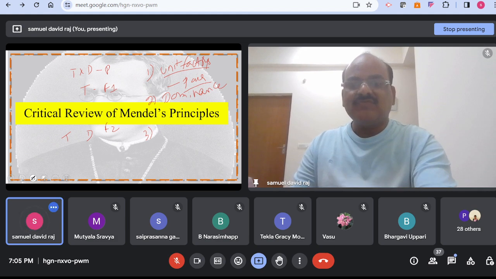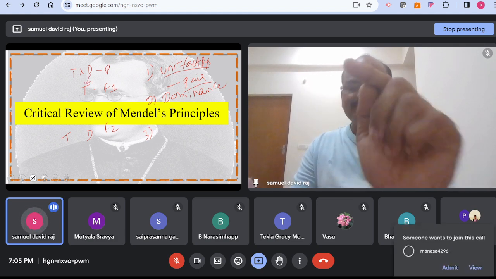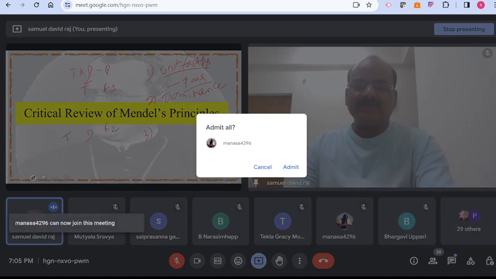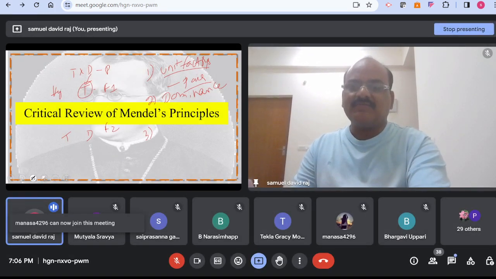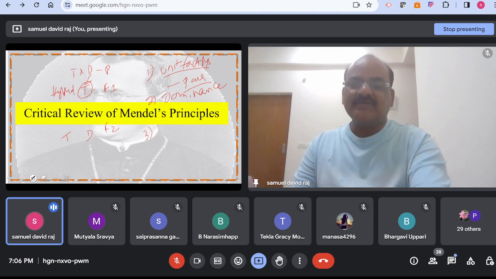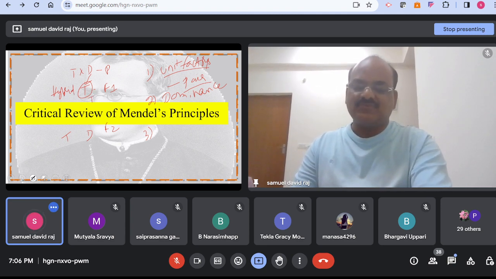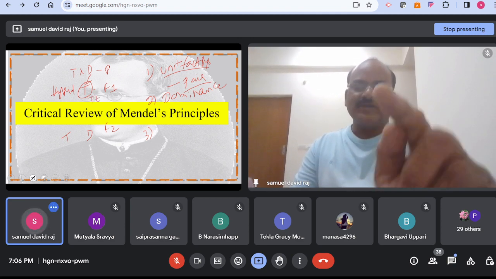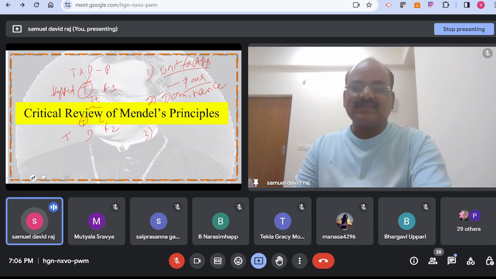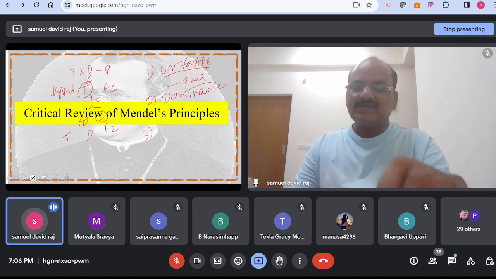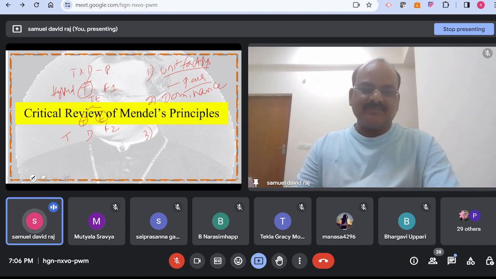That means the factor for the dwarf character from the parent generation passed on to the F1, which became a hybrid because it carries capital T, one factor for tallness and the other factor for dwarfness. During the formation of gametes, Mendel says these two factors are separated from each other.